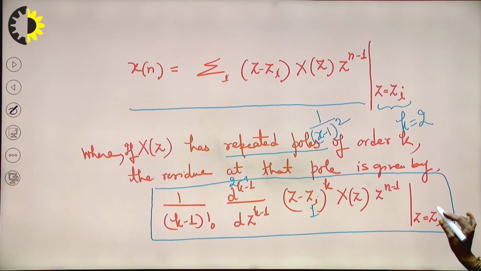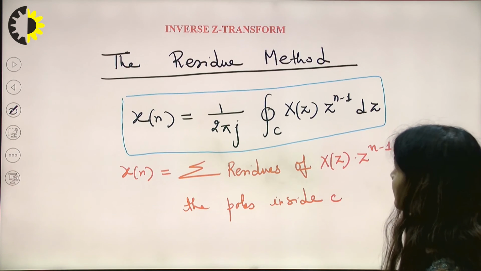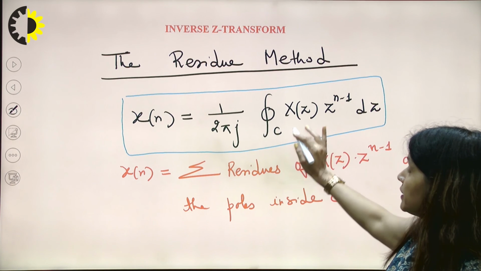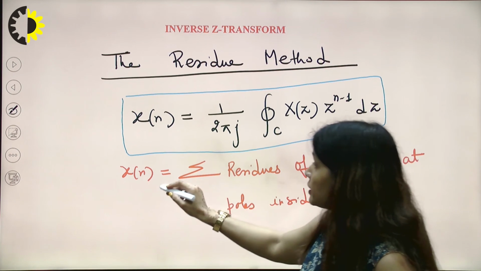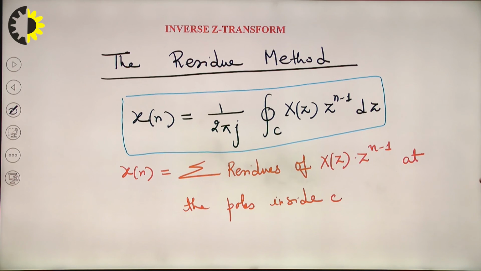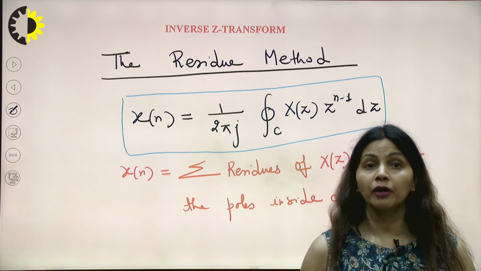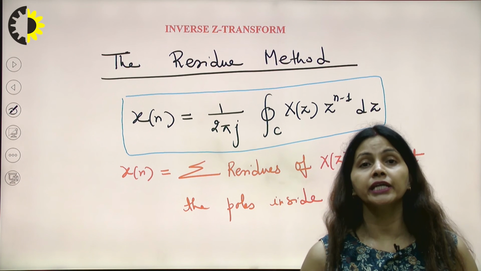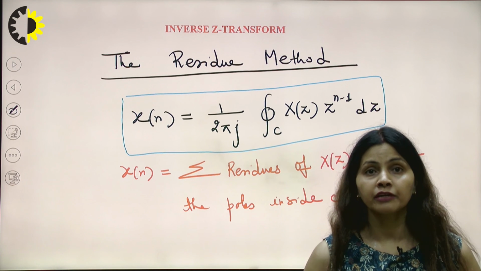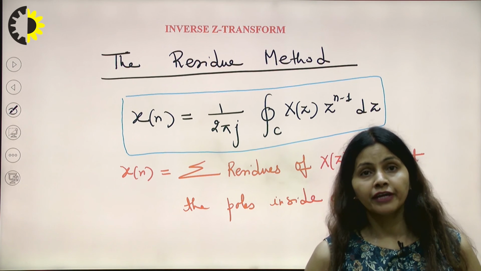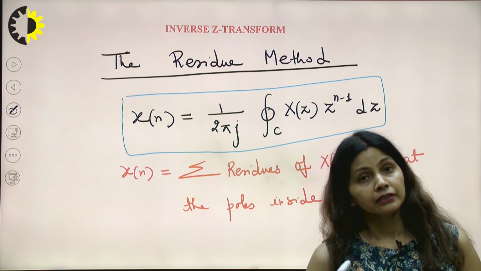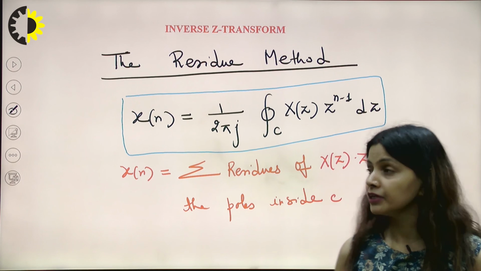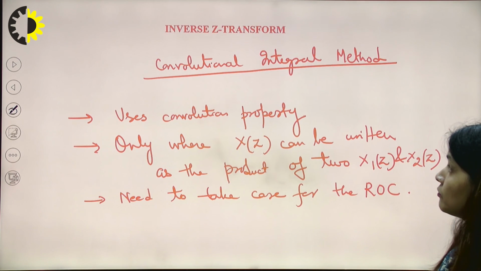Since x(n) is given as 1 upon 2 pi j, contour C, X(z) z^(n-1) dz, all the x(n) are defined by the residues of X(z) z^(n-1) at the poles inside C. Whatever form X(z) is given in, whether numerator upon denominator or partial fraction expansion, just by looking at the poles and the repeating pole values, the residues can be calculated and we can get the sequence, which is the inverse Z transform for the given X(z).